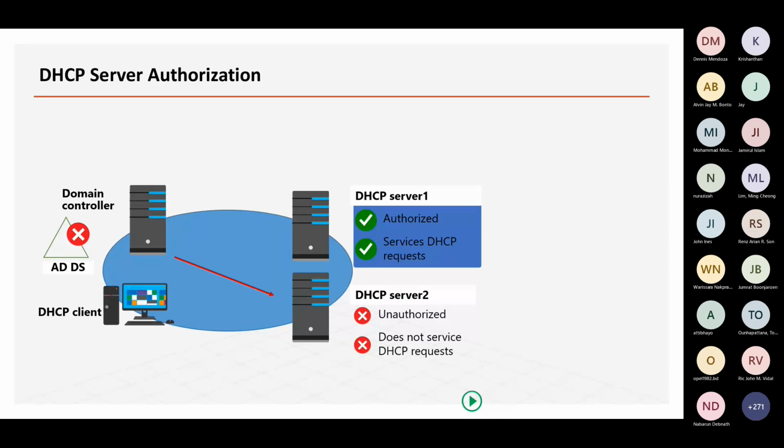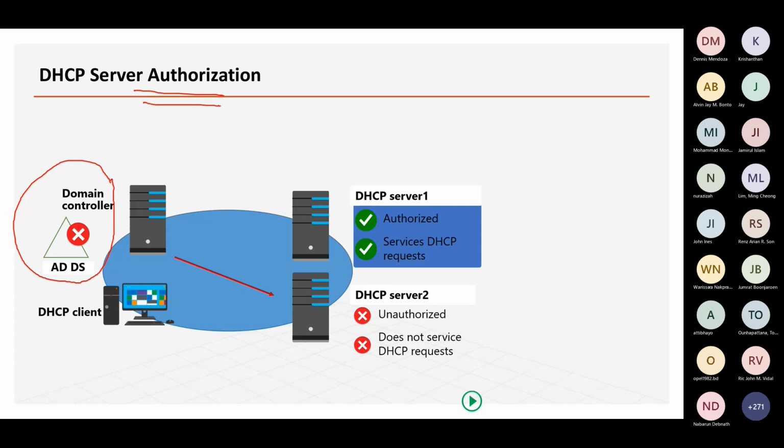For avoiding this kind of conflict, in your organization you will be using one concept called DHCP authorization. For example, if you have multiple DHCP servers available in your domain, the domain controller is something called Active Directory. In your Active Directory, you will enable something called DHCP authorization.